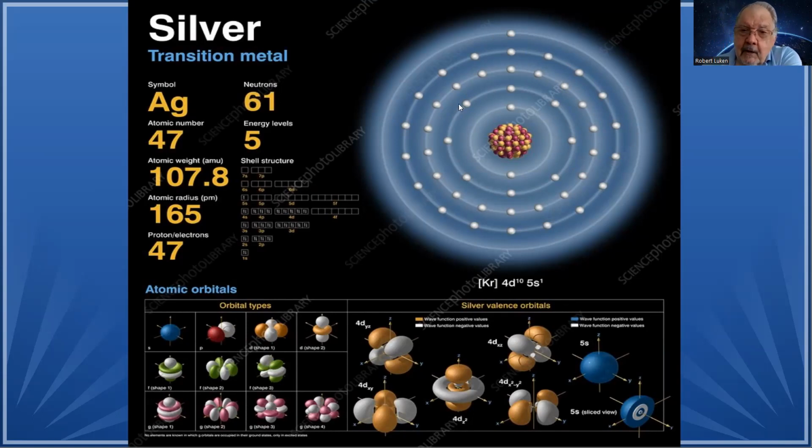And there's some formula on how those shells are populated, and I can't remember it off the top of my head. But you'll notice in the case of silver, the outer shell, called the valence shell, only has 1 electron, which is why it's a very good conductor.